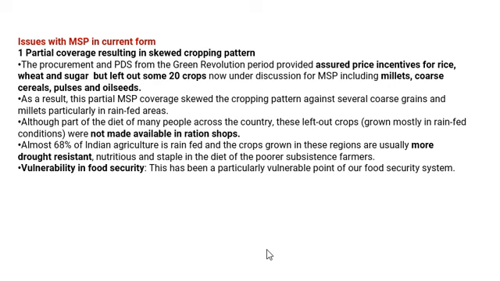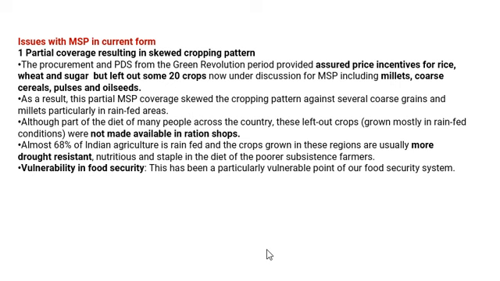and since the MSP price is lower for other crops, the farmers are not showing any interest in growing other crops such as millets, cereals, pulses and oilseeds. And the diet of the people is also not taken into account, as only rice and wheat are being grown, and the FCI is only able to procure rice and wheat, but not other crops.